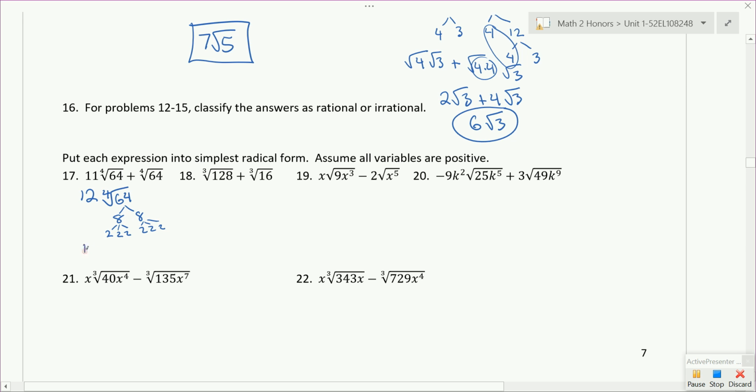So 12 times the fourth root of 6 2's. You could take the fourth root of the product of 4 of them and get 12 times 2 times the fourth root of 2 times 2, so that's 24 fourth root of 4.